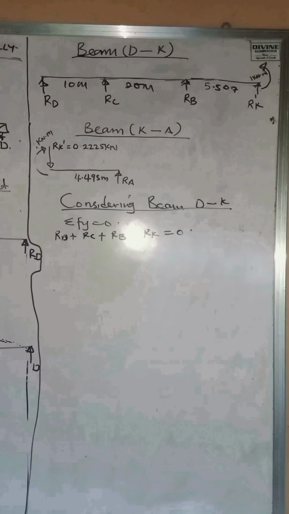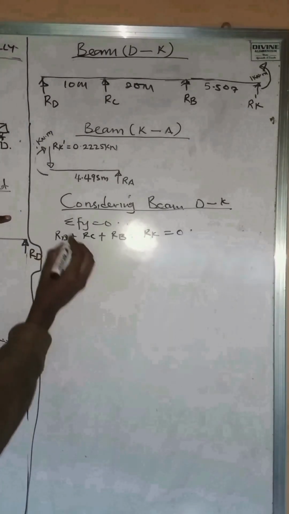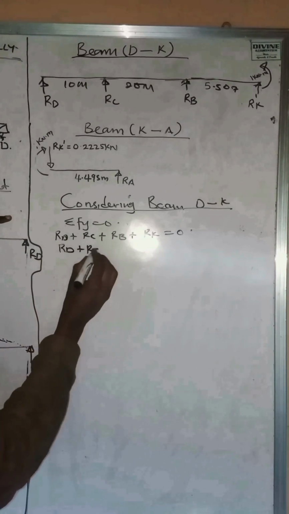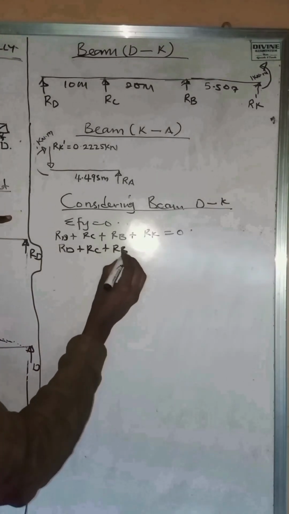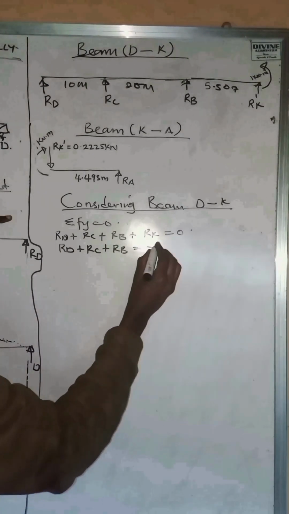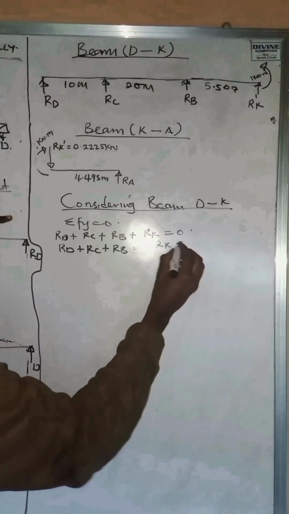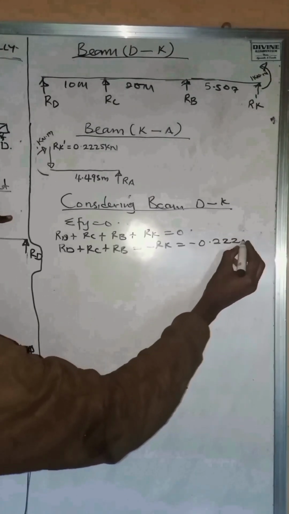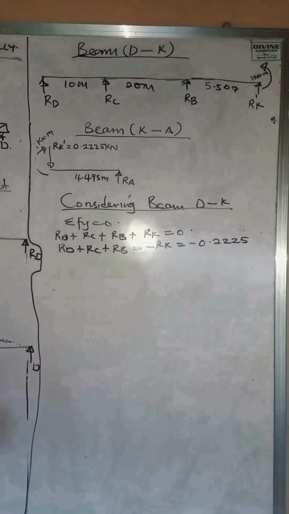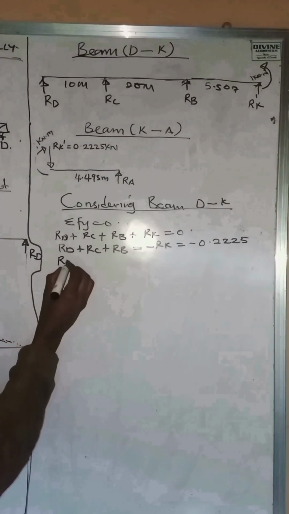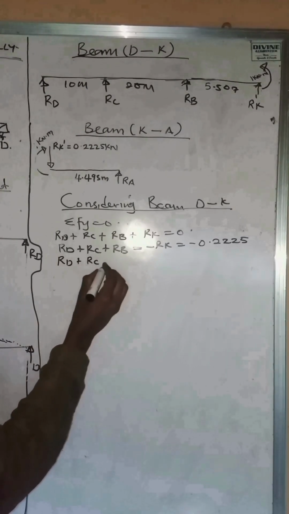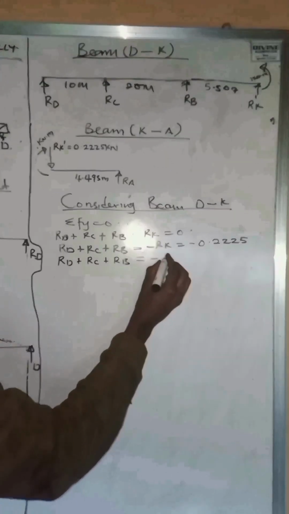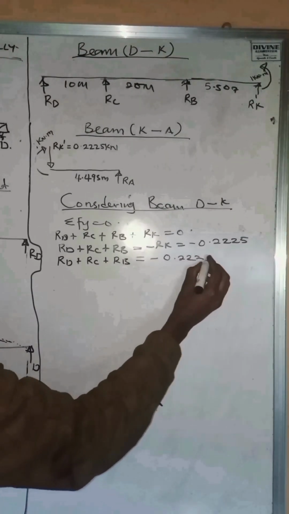So this is one of the equations for the beam D to K. So arrow D plus arrow C plus arrow B equals minus 0.225.